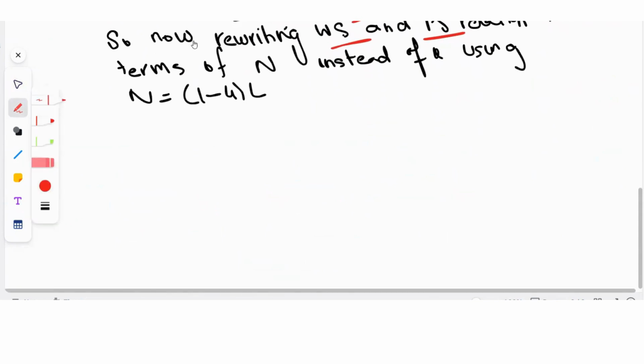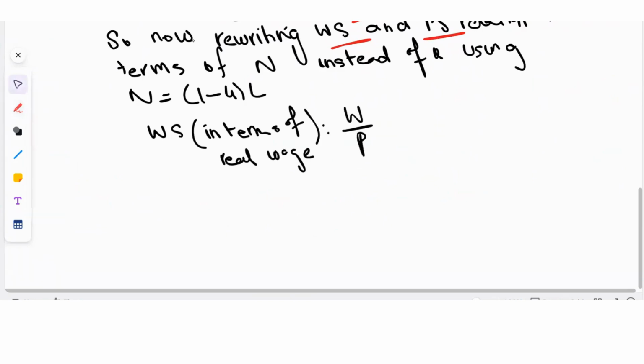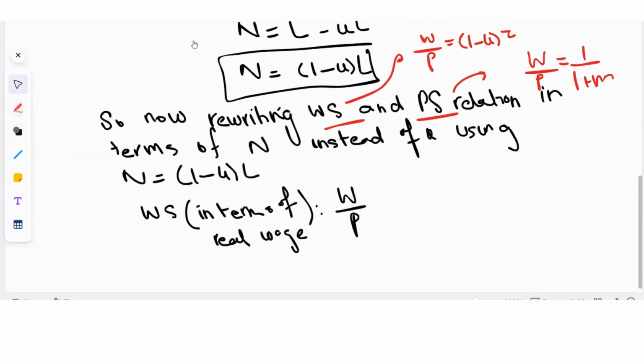So let me write the WS in terms of the real wage. So then this would be W by P. Now we know over here we have a 1 minus u. What we will do is we'll replace it, because the idea was that we wanted to write the WS and PS relation in terms of n instead of u using this relationship between n and u.